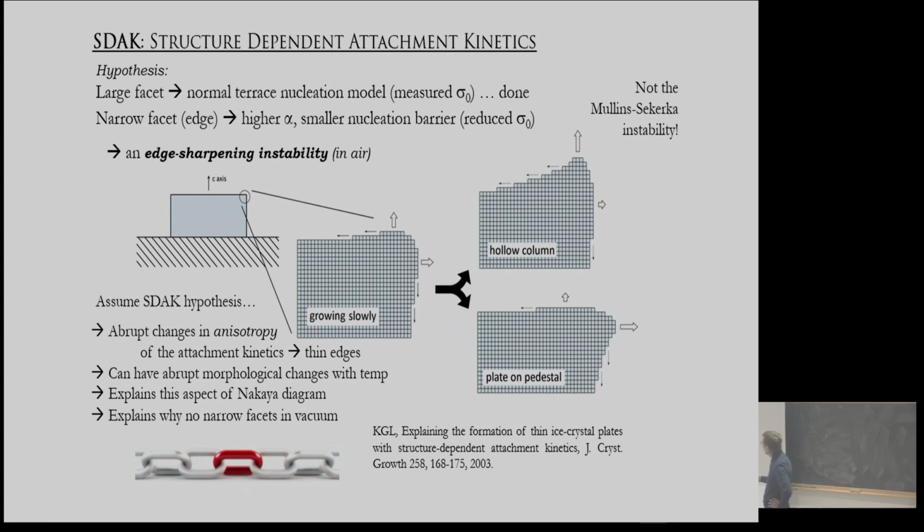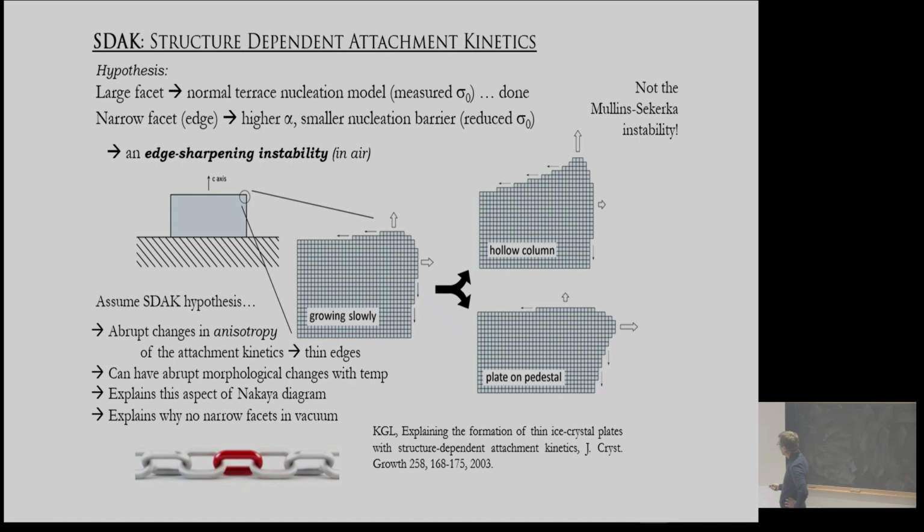If alpha has to be high, then if you parameterize it in the same way, sigma 0 has to be low. It's not going to have the same functional form because there's different physics involved, but we're going to call it that. We're just going to say sigma 0 is reduced. And that's a hypothesis. We're just throwing that out there, making that up, okay? And now we're going to assume it's true and see where it takes us.